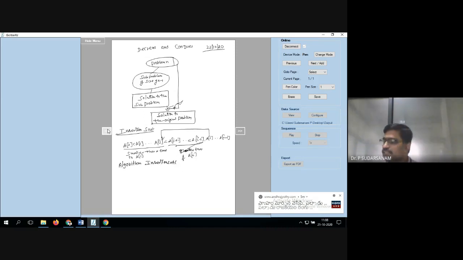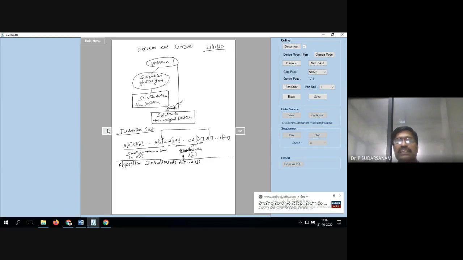Algorithm insertion sort. So you have the elements A of 0 to n minus 1. Here the input is nothing but an array of 0 to n minus 1 elements. Finally you will get the sorted array also, A of 0 to n minus 1.